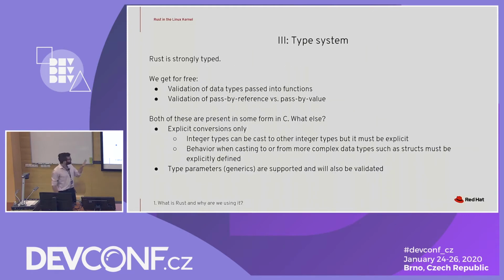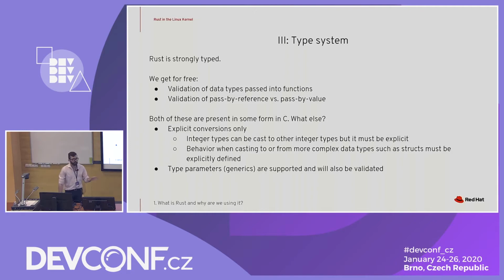So we'll talk a little bit about the type system too. Rust is strongly typed, so we're going to get validation of data types passed into functions and validation of pass by reference versus pass by value. But both of those things can already be done by C. So what else does it give us that we don't get in C? Some of these things are going to be explicit conversions only.